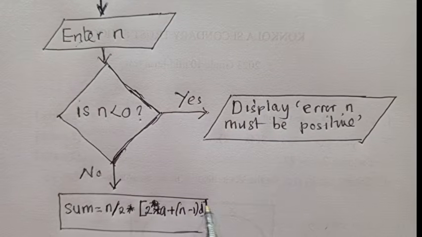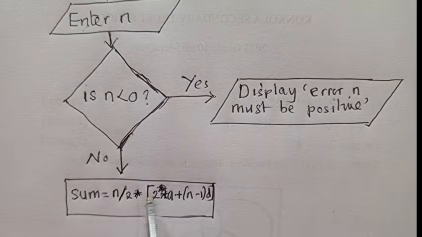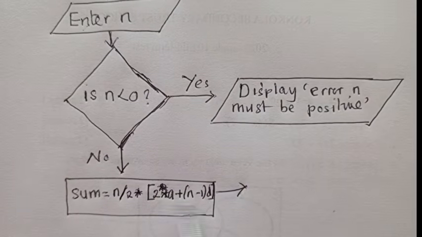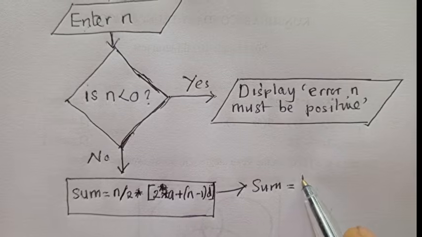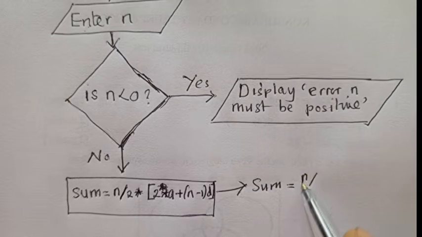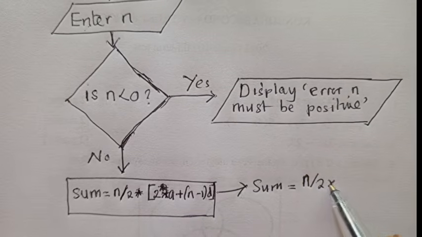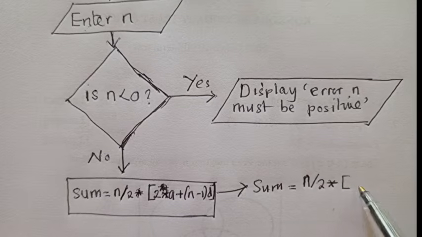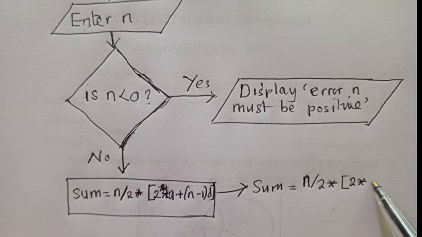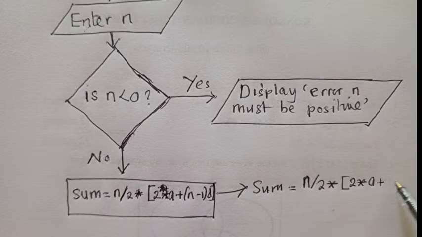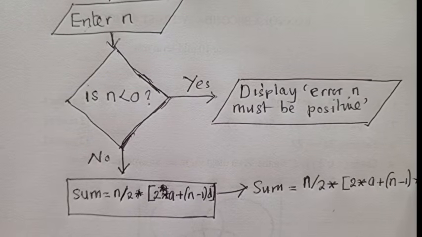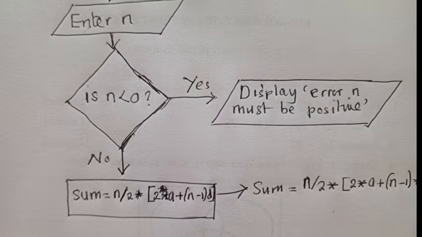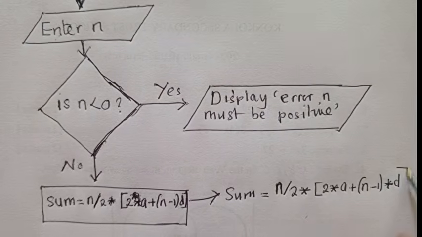Okay? Let me write it properly. It's not really visible. So what you're supposed to put inside here is: sum is equal to n over 2 times, open bracket, 2 times A plus, open bracket, n minus 1, star to show that you're multiplying, D, and close.